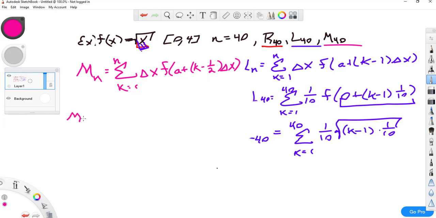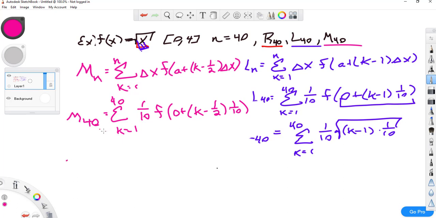So M sub 40 will be the sum from k equals 1 to 40, and that's going to be 1/10 f of 0 plus (k minus 1/2) times 1/10.